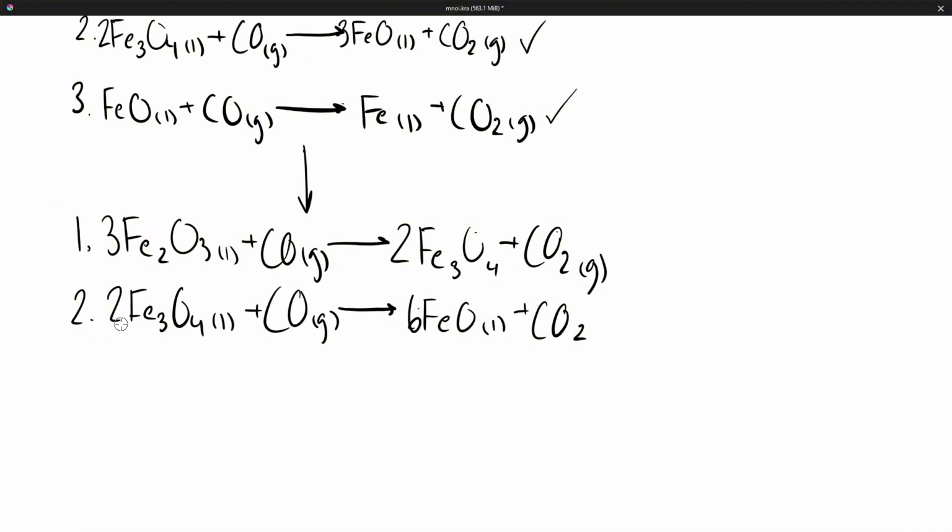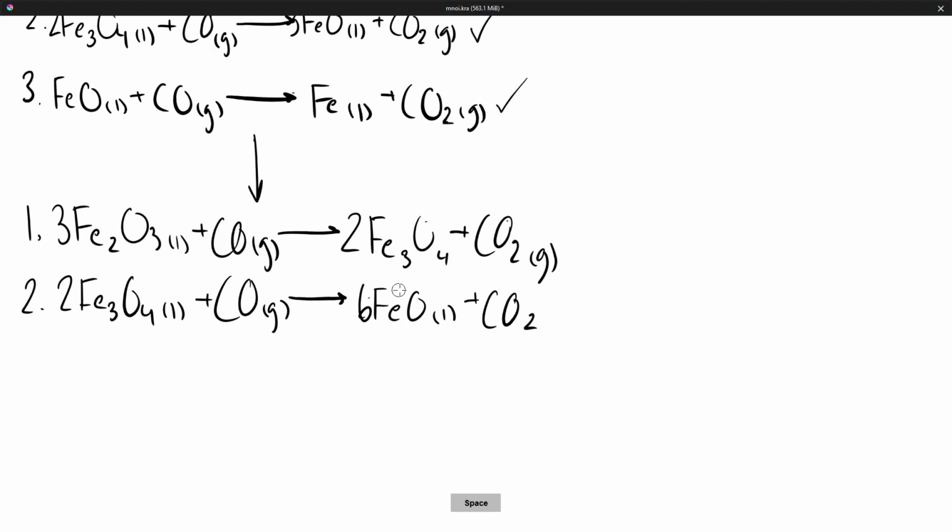Okay, so that's 6 iron, 6 iron. Now the oxygen is 8 on one side, and here it's 6.